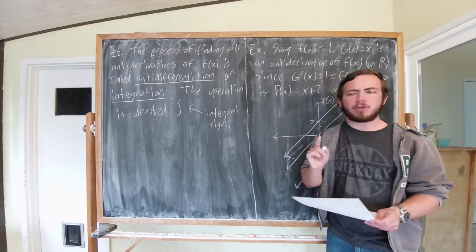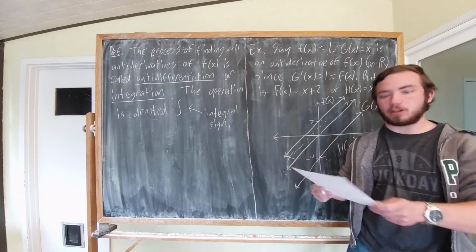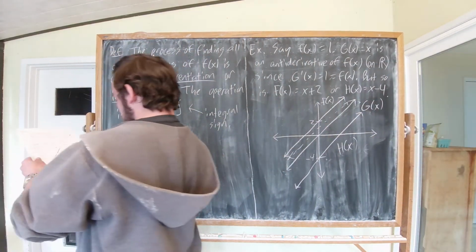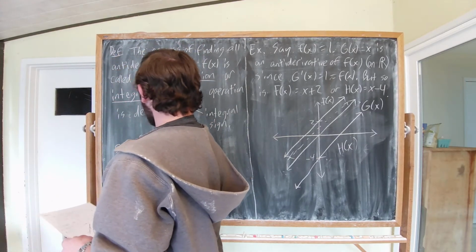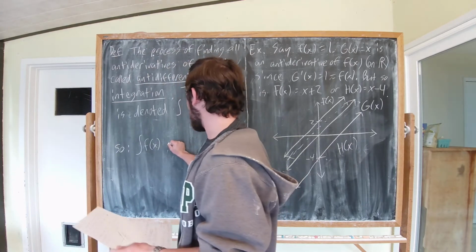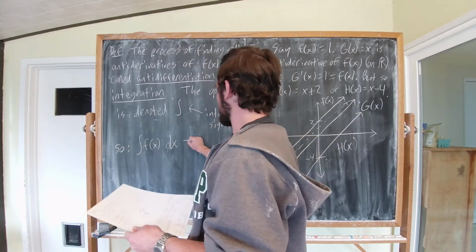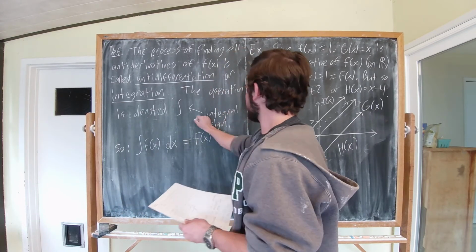Alright, and I'm going to make one more definition real fast, and then we'll start talking through all of these. So what we'd say is integral of f of x, and then we put a little dx there, I'll discuss that in a second, is equal to capital F of x plus c.